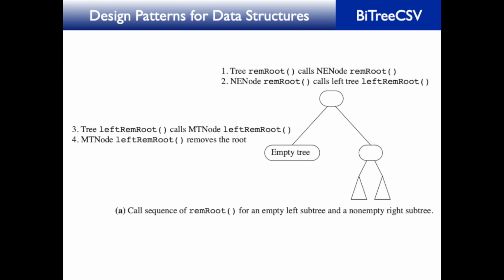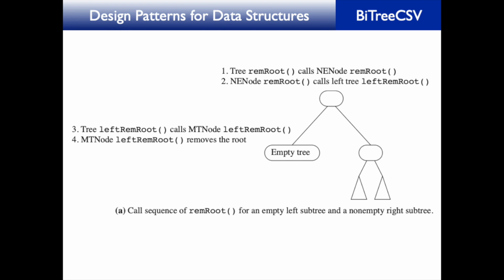Then the non-empty node version of remroot calls the left tree left remroot, which takes us to the environment of the left subtree, which is an empty tree. Then, as usual, item number 3, the tree left remroot calls the empty node version of the left remroot because this is the case when the left tree is empty. And in item number 4, the empty node left remroot removes the root. And in this case, right remroot never gets called.